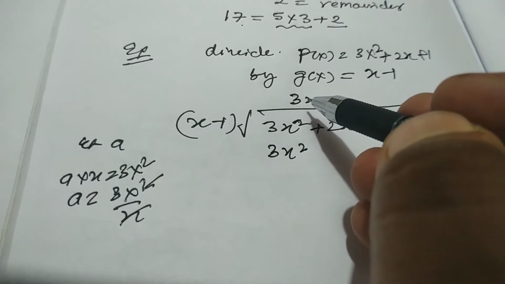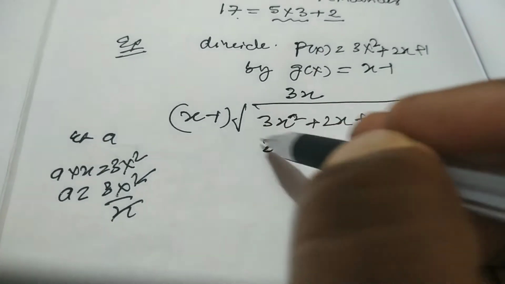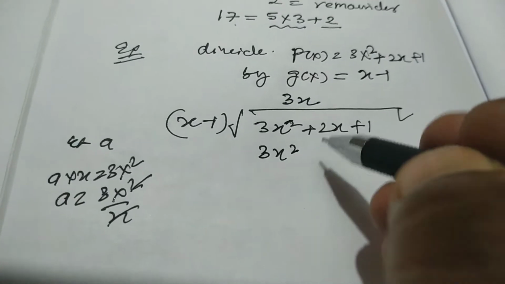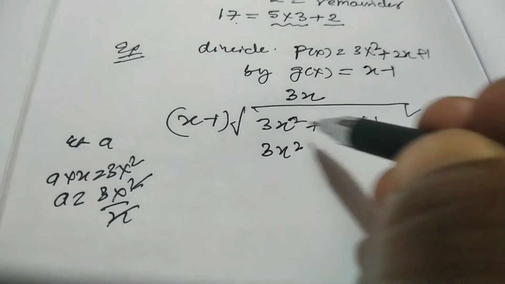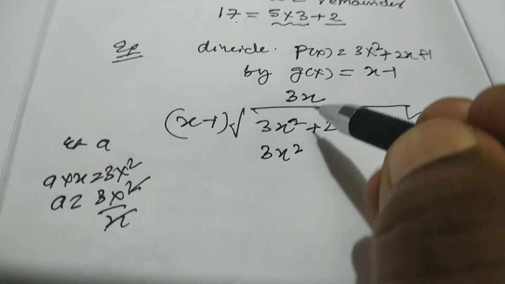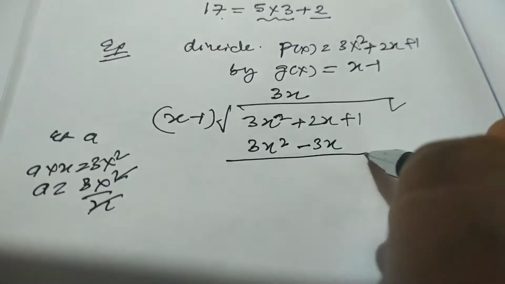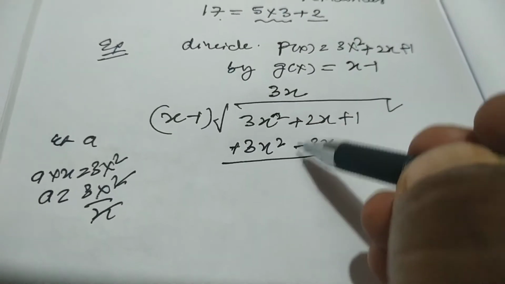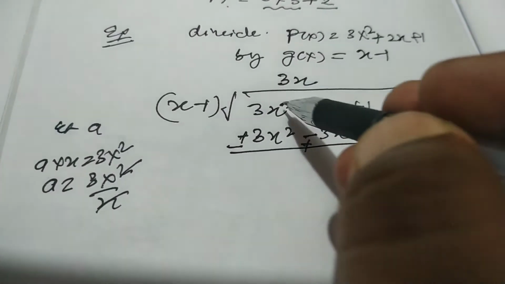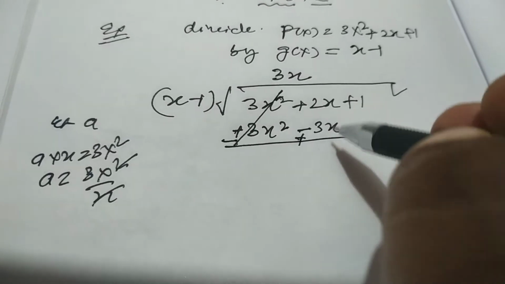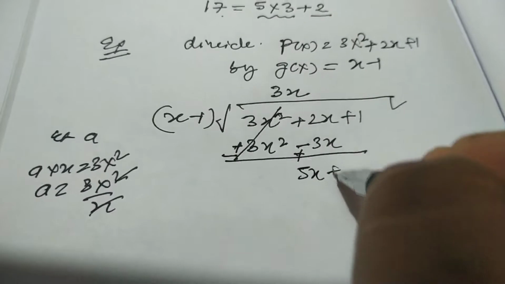Write this one and multiply 3x with the divisor. First we have to eliminate the highest order term, since the degree of this polynomial is 2, and then multiply 3x into minus 1, which is minus 3x. Now we subtract this: minus becomes plus, 3x square cancels out, and 2x plus 3x is 5x plus 1.